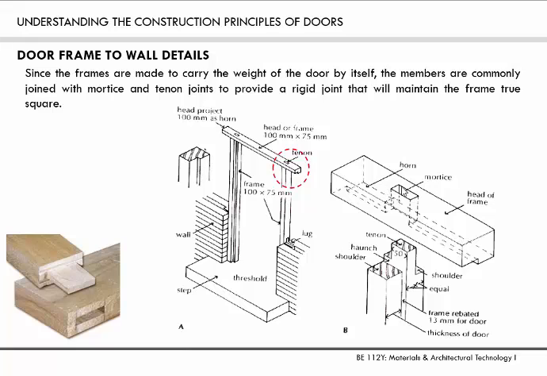With a mortise and tenon, you always have a recess here in order to receive this protruded portion called the tenon. So remember the joint that is used here. A threshold here means it's always a level drop between outside and inside. Usually we have the threshold at an exterior door because of water seepage.